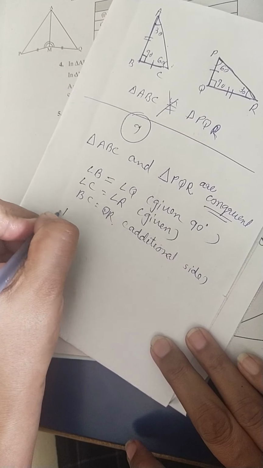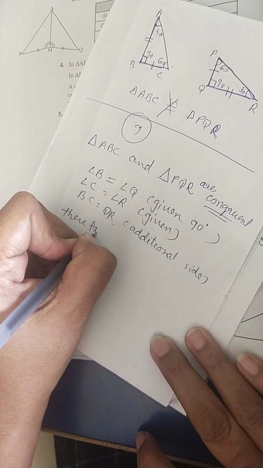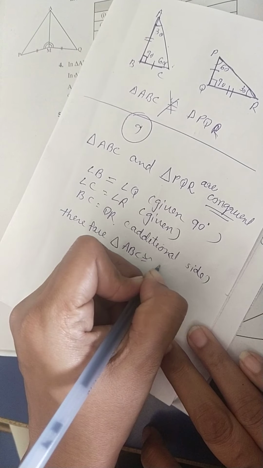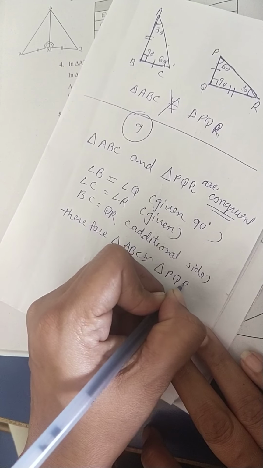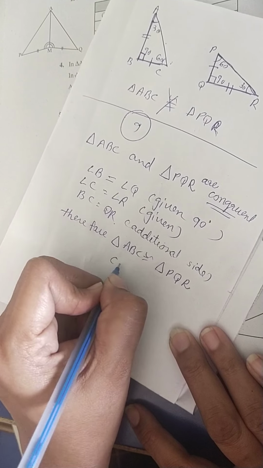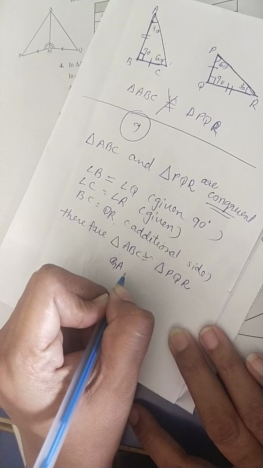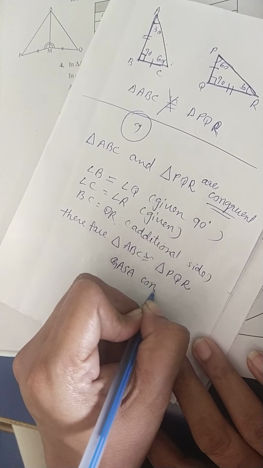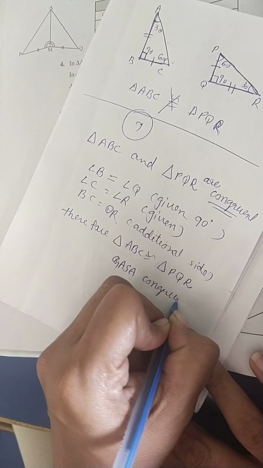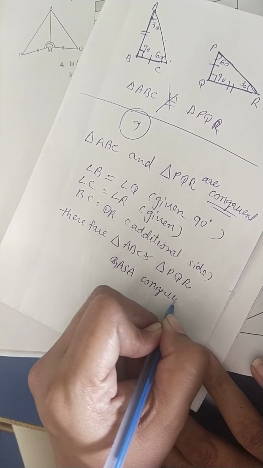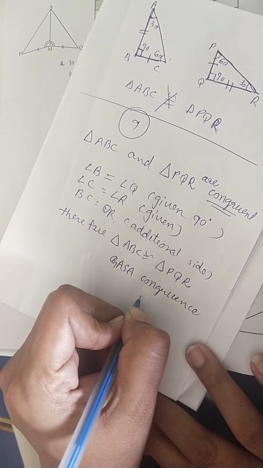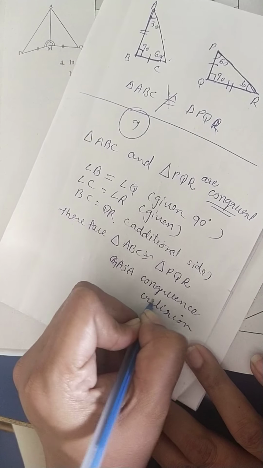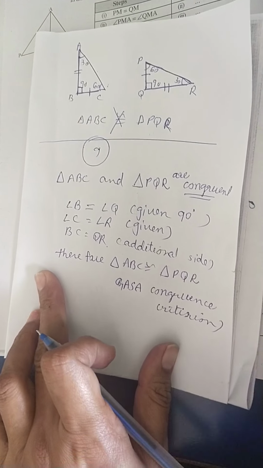Therefore triangle ABC is congruent to triangle PQR, by the angle, side, angle congruence criterion, or rule, whatever you can write.